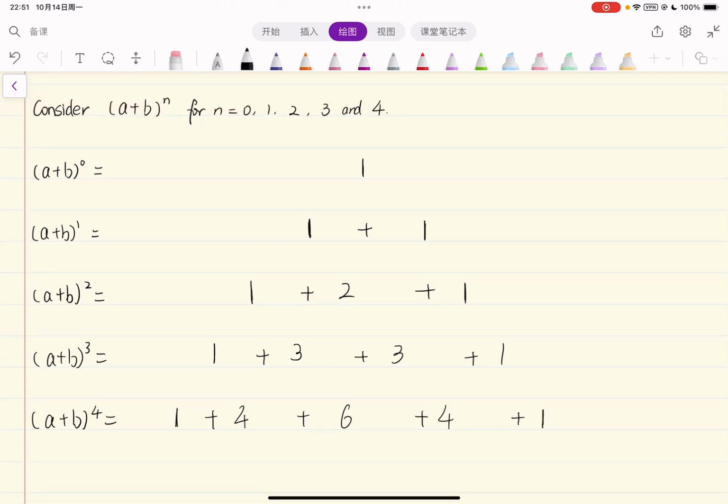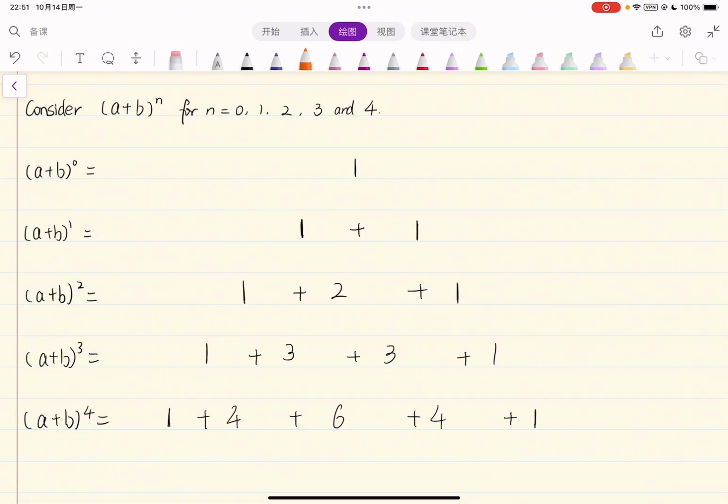Now let us just see the coefficients. We can find that we can add pairs of numbers to find the numbers on the next row. So let us see, 1 plus 1 equals 2. And 1 plus 2 equals 3 for the next row.